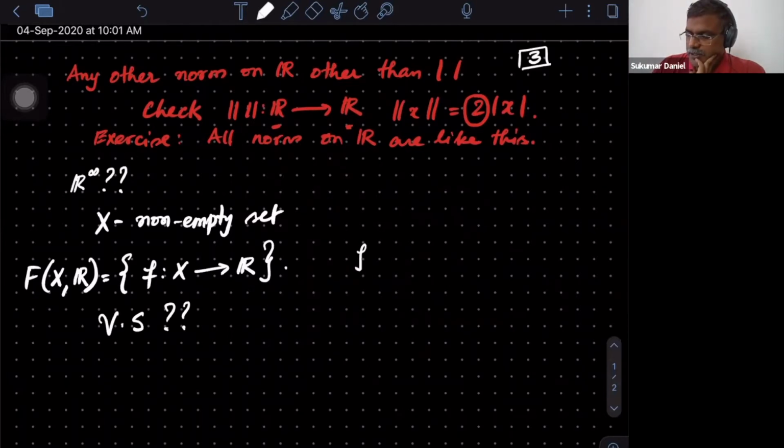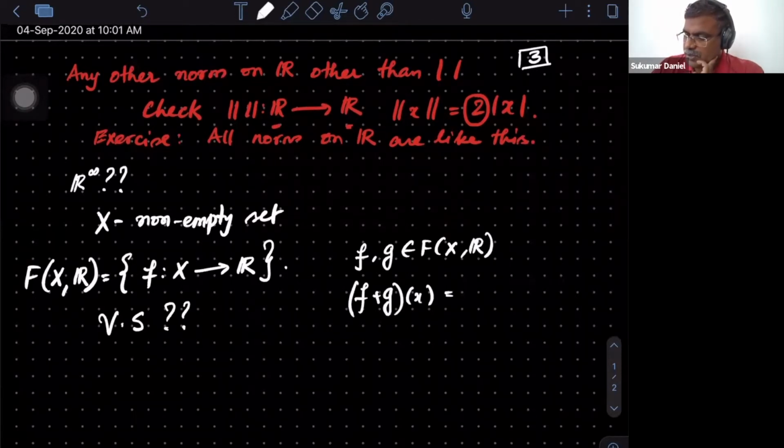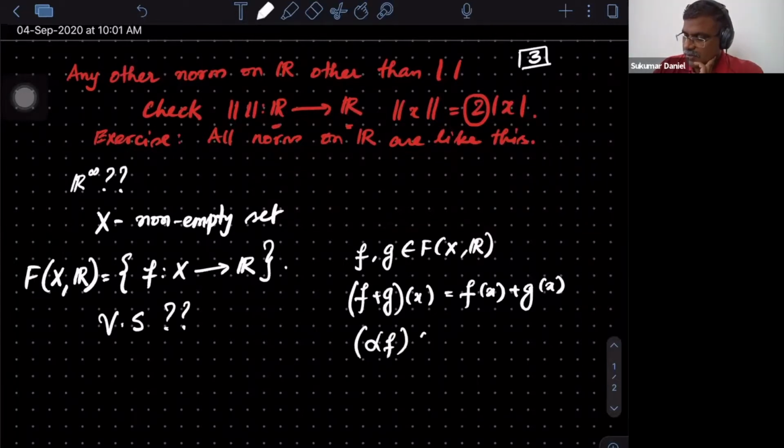So if you give me functions f and g from this space, then I define f plus g. It's a new function, defined by giving its value at any point in x. So it is defined as f of x plus g of x. Similarly, the new function alpha f for a scalar is defined as alpha times f of x.